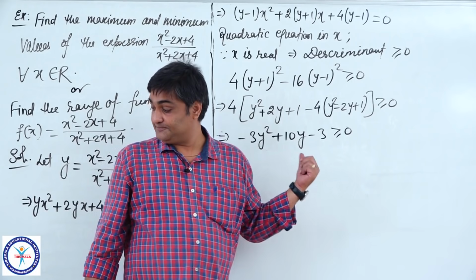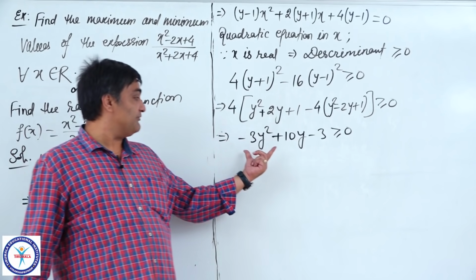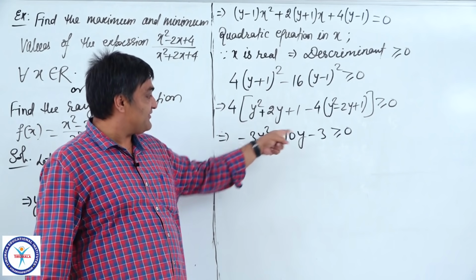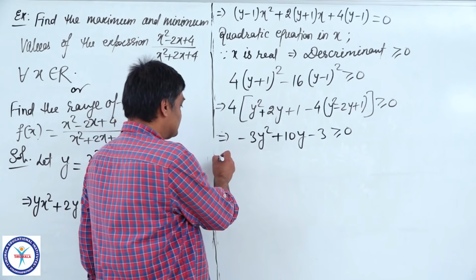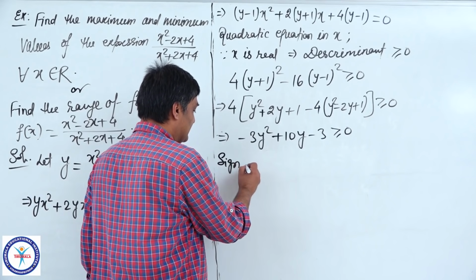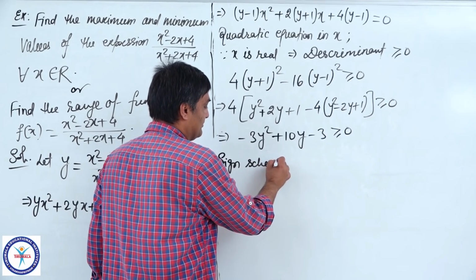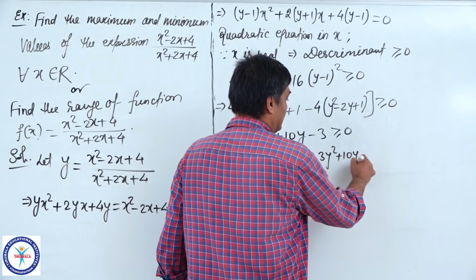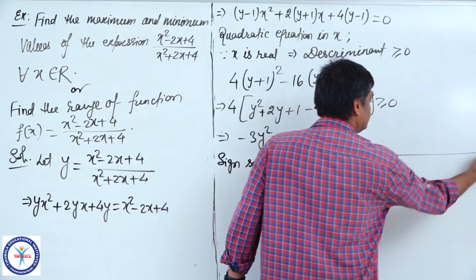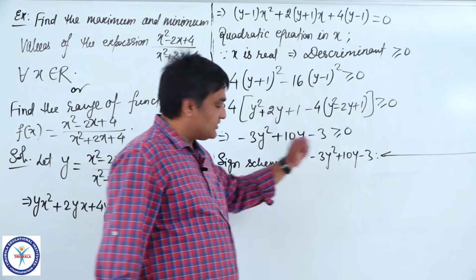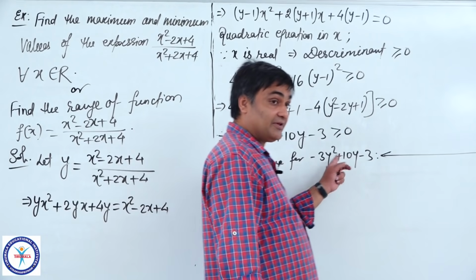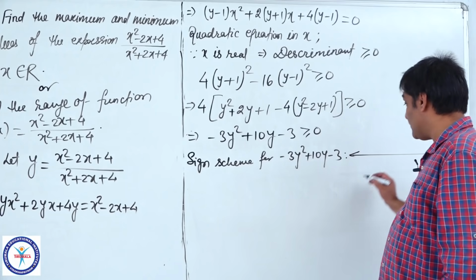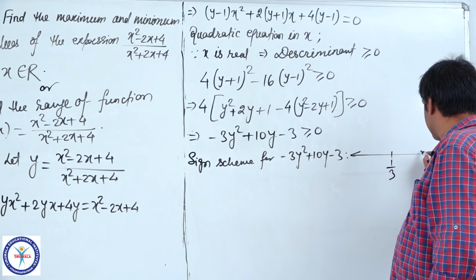Now consider, here we will make use of the sign scheme. This is an expression in y. So first, write the sign scheme for minus 3y square plus 10y minus 3. What are the roots? Means here values of y, because it is an expression in y. 1 by 3, 3.